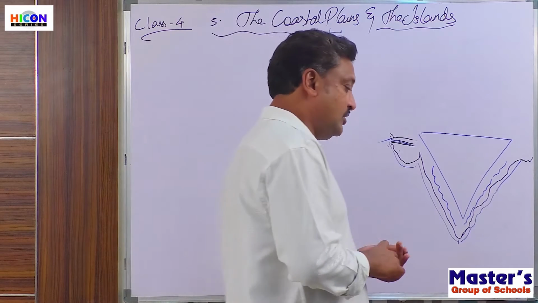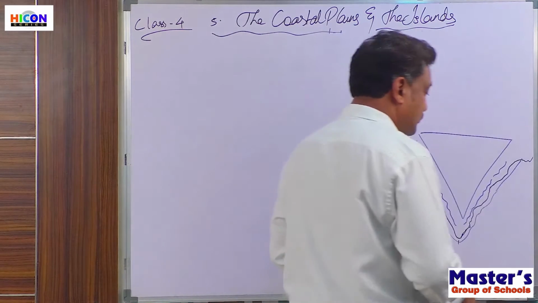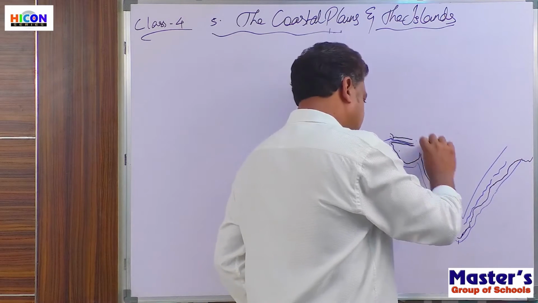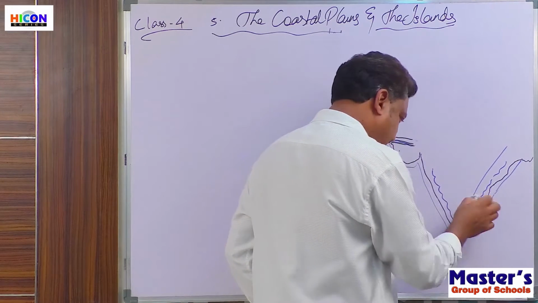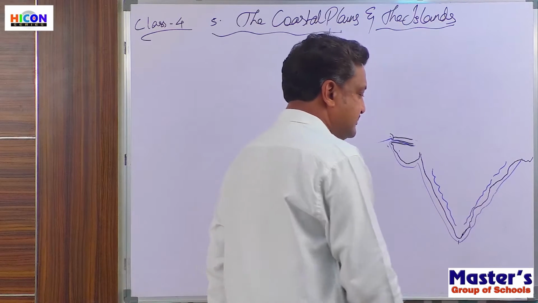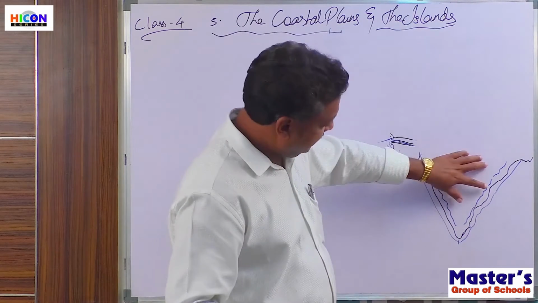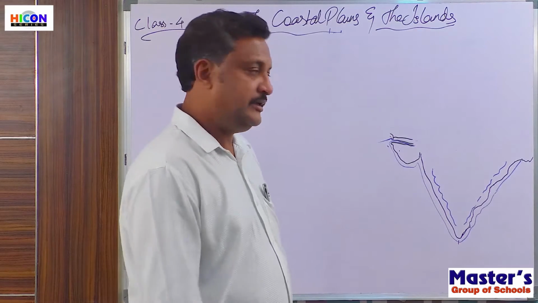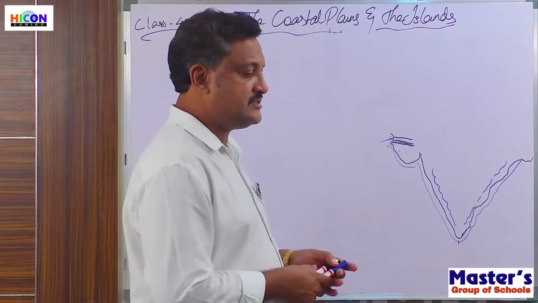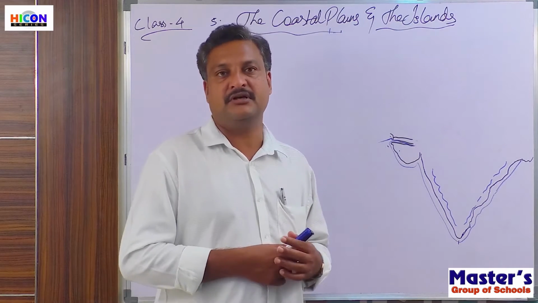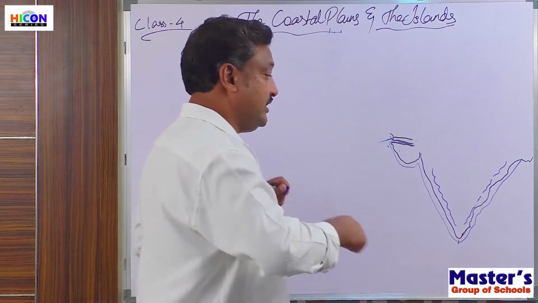And we have also learned that the hill ranges on the west are continuous mountain ranges, whereas the hills on the eastern side are broken hills. Broken. Right?